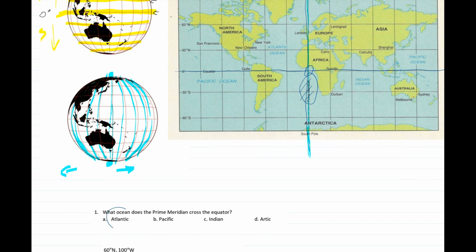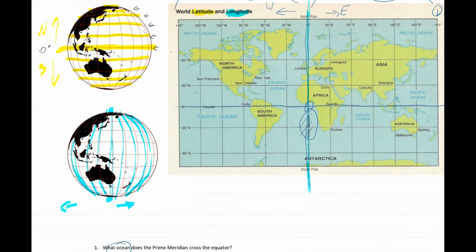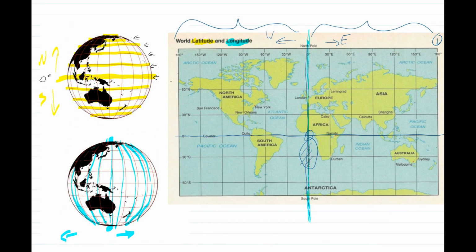Okay, so the answer is going to be the Atlantic Ocean. See how we can pinpoint a position by combining our distance from the equator up or down with our distance north and east and west of Greenwich. So let's clear off our map and let's take a look at some more questions.